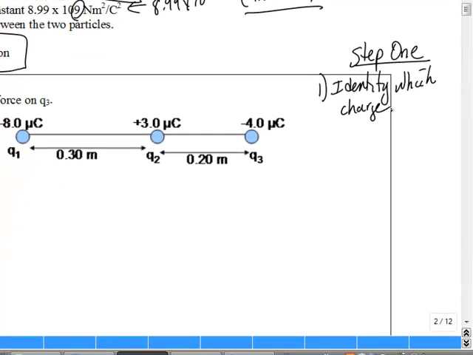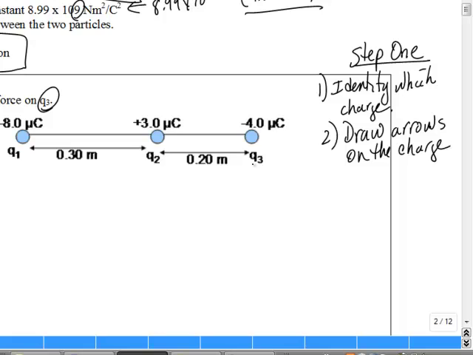We're going to look at Q3. So when we look at Q3, we need to look at what's causing an electric force on that Q3. That'll lead us to the next step, which is to draw the arrows on the charge we are talking about.